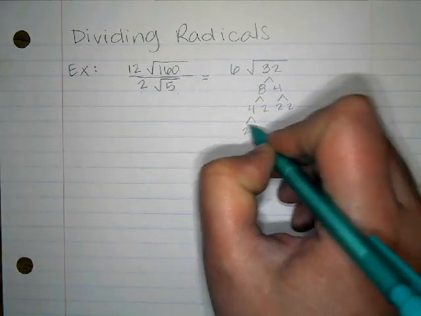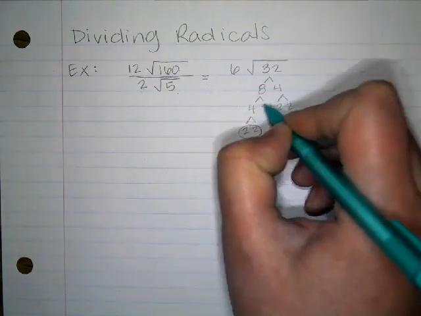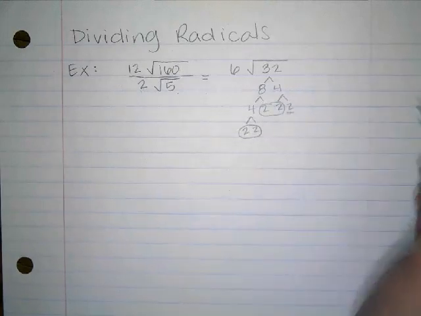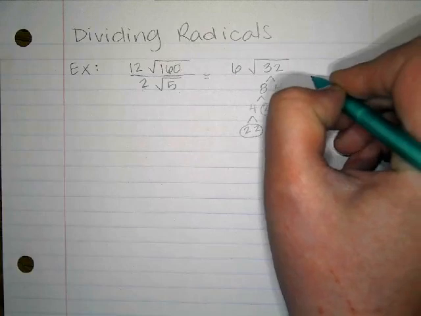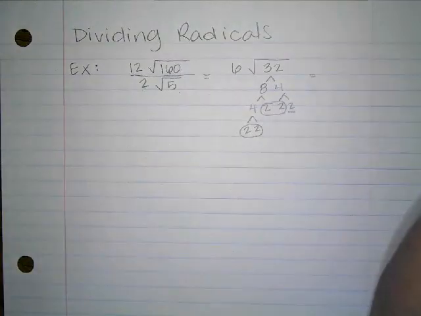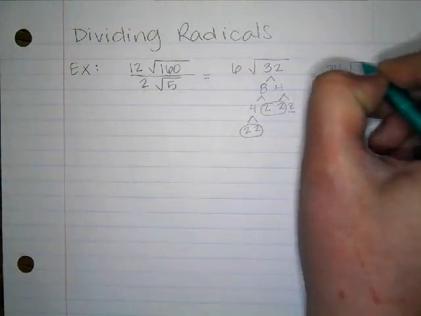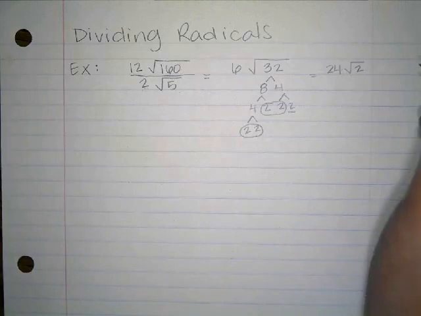Okay, so we've got a pair, and we've got a pair, and we've got a leftover. So our final answer for this is 4 times 6, yep, is 24 square root 2. Okay, cool.